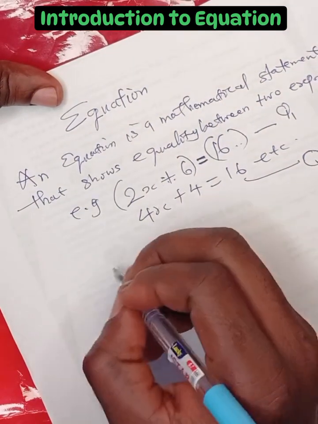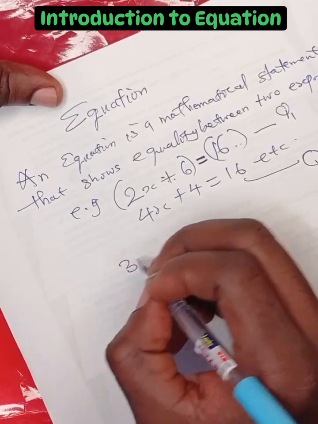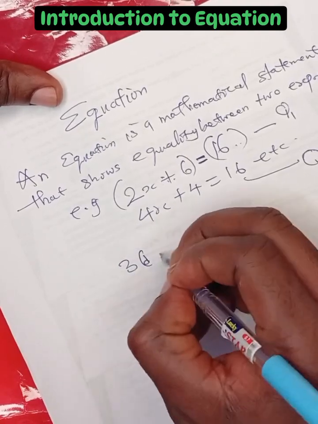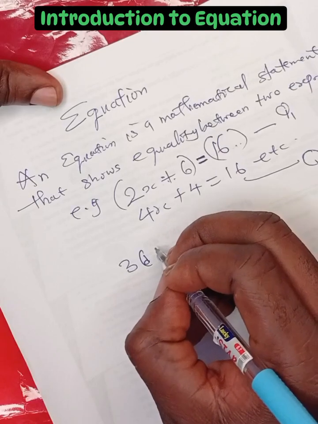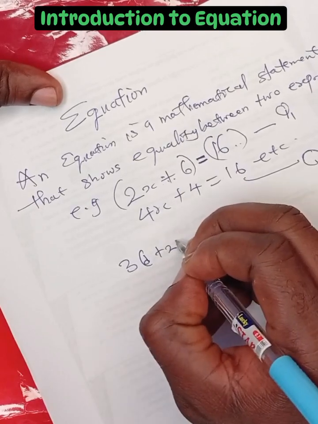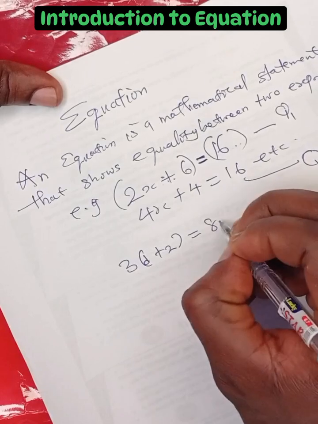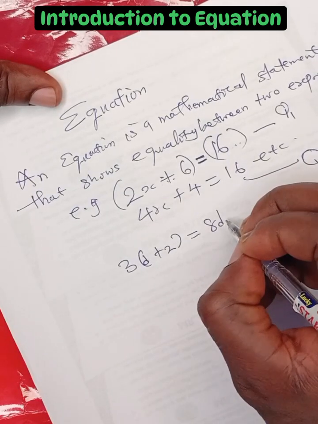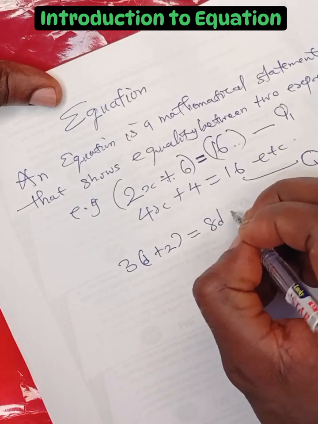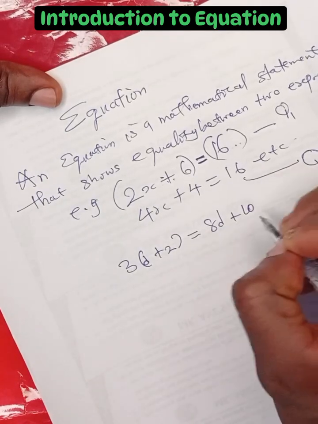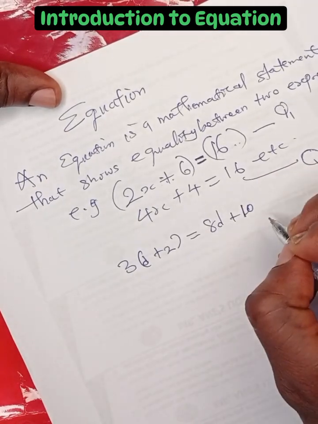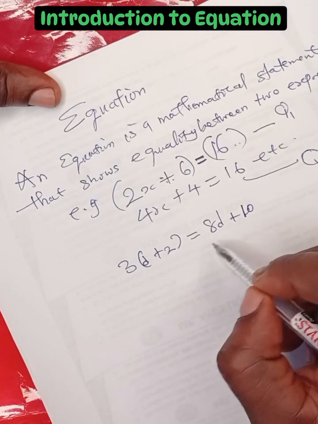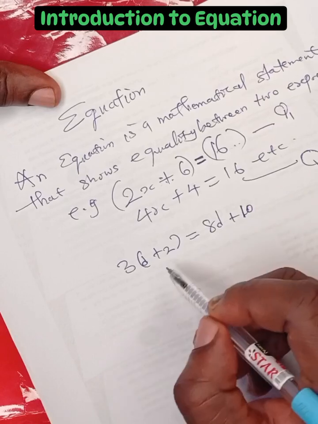We can have things like 3 into bracket d plus 2 bracket close equals to 8d plus 10. This is an example of a linear equation also.